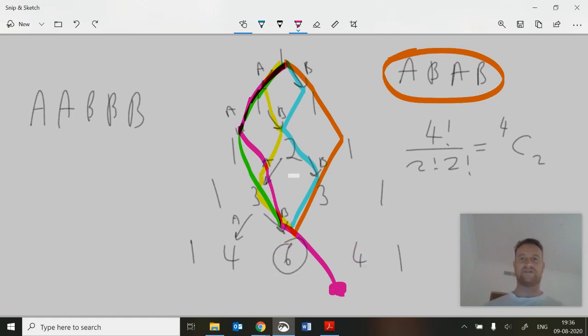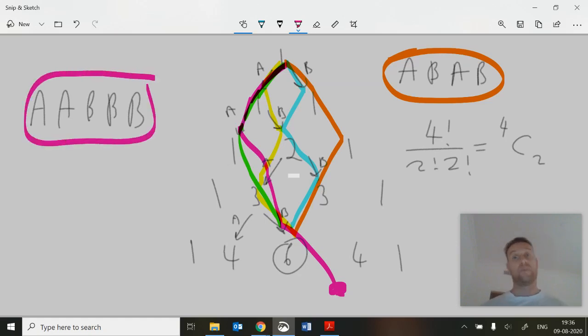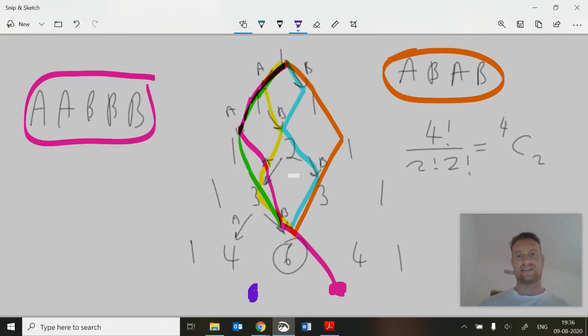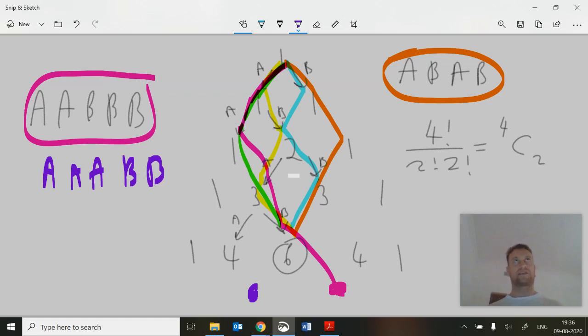There's going to be 10 different ways of rearranging A, B, B, B. By the way, there's also 10 ways of getting to this spot because that's the same as doing A, A, B, B. It's the same. Okay, so hopefully that clears up why Pascal's triangle is the same as doing our NCR.